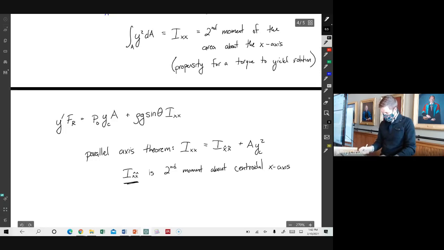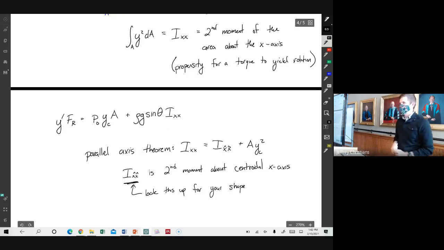So this is something you would look up for your specific shape. There are tables in your book for different kinds of shapes. It's going to be related to the dimensions of that shape.